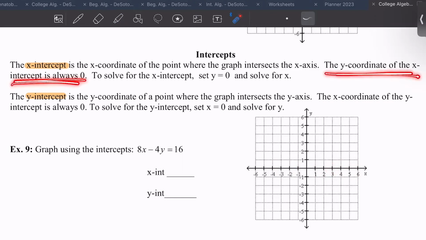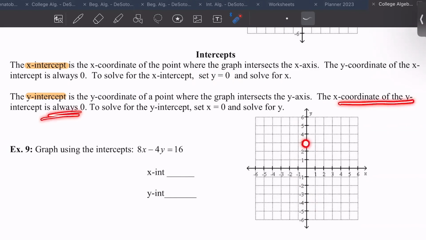So to solve for that, we're going to set y equal to 0 and solve for x. And then we're going to do the exact opposite when looking for our y-intercept. That's the point where the line crosses the y-axis, so it makes sense that we're going to have our x-coordinate equal to 0. We'll set x equal to 0 and solve for y.